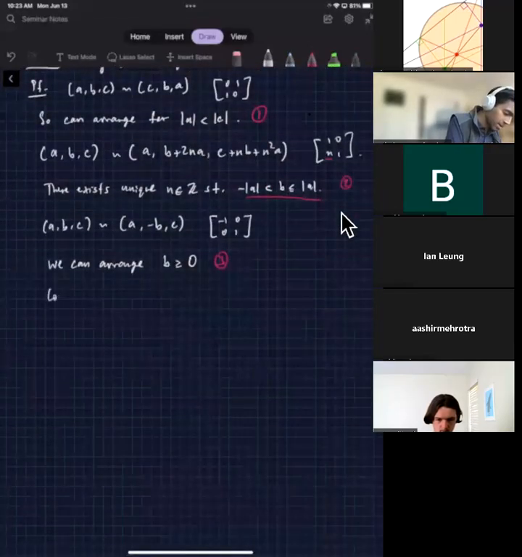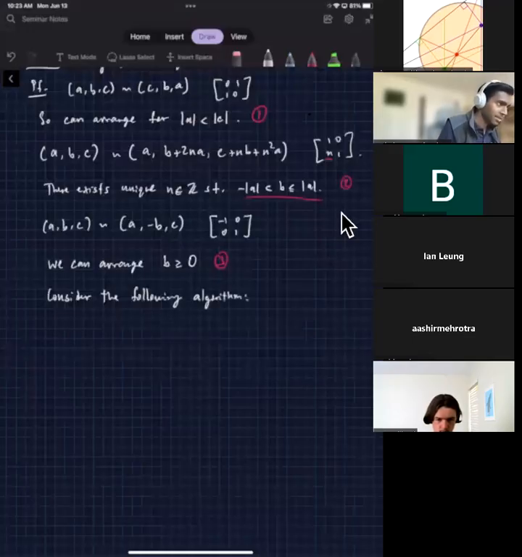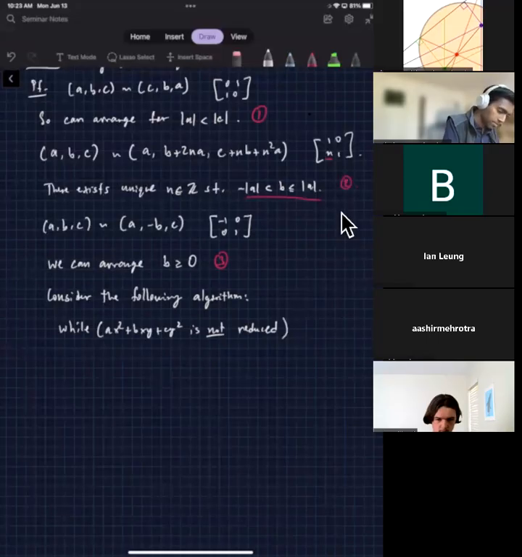And now I want you to consider the following algorithm. So I'll sort of write in pseudocode. So while ax squared plus bxy plus cy squared is not reduced: if the absolute value of A is greater than the absolute value of C, we apply step 1.